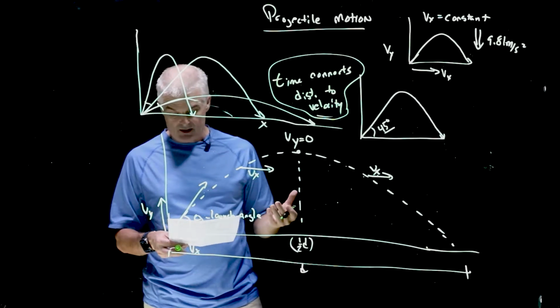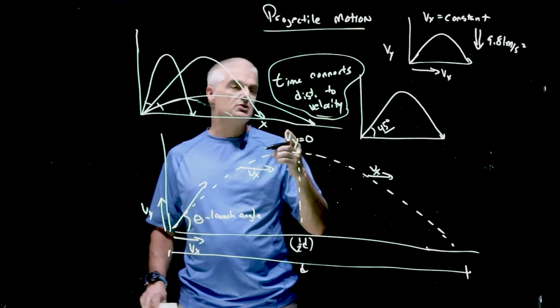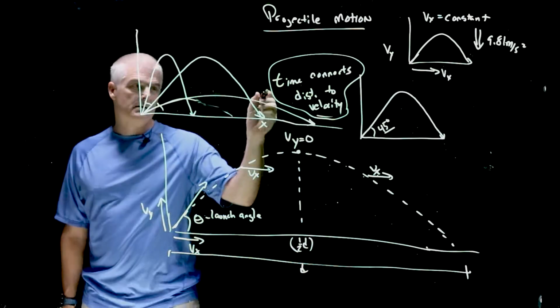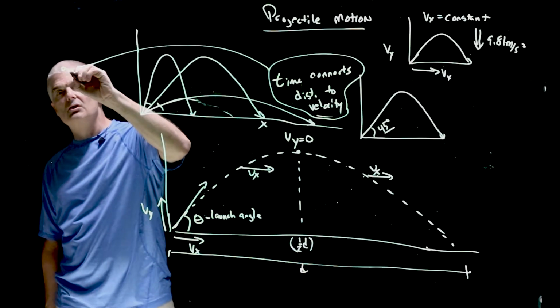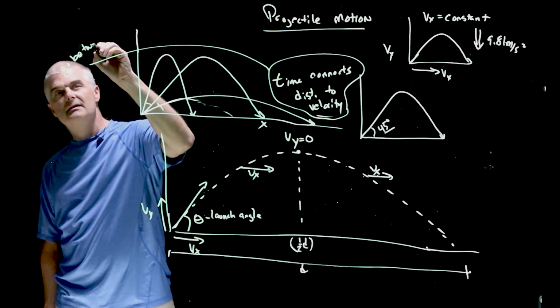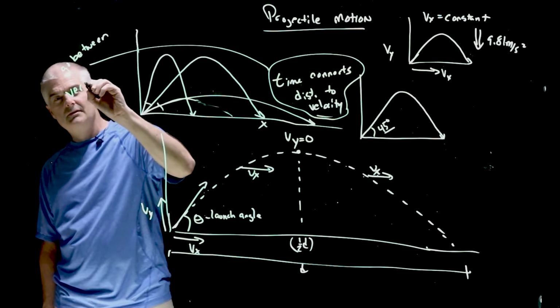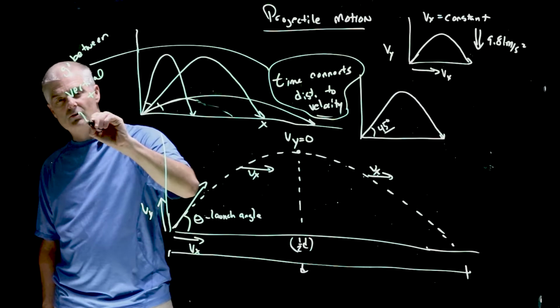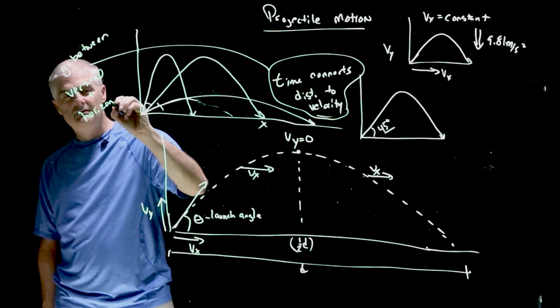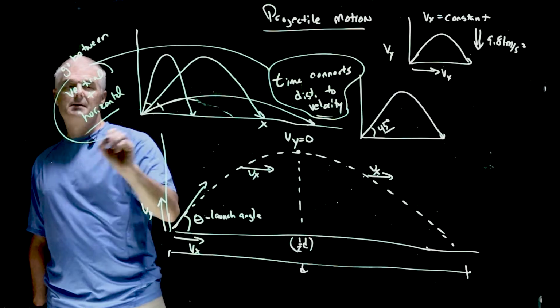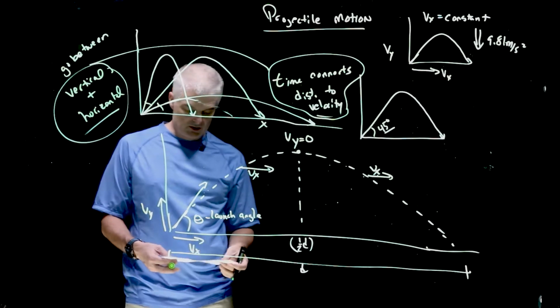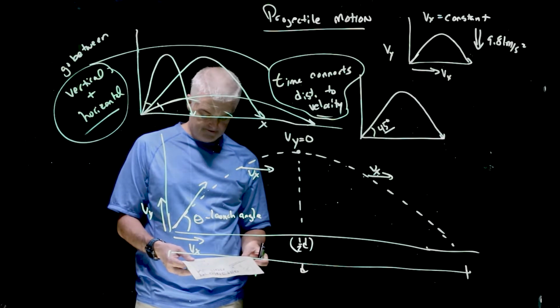It transcends directions, and you can use it to go between the vertical and the horizontal. So time will get you in both directions when we start playing with the equations.